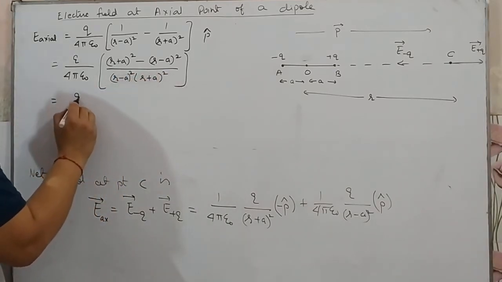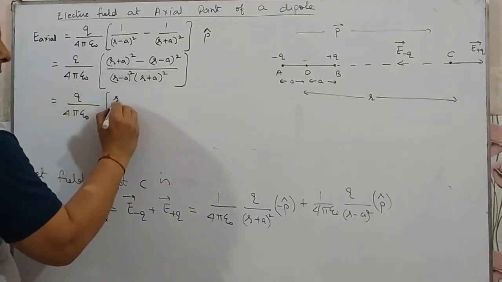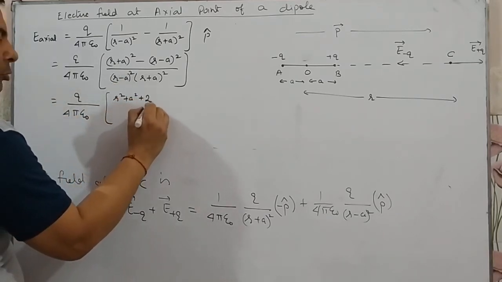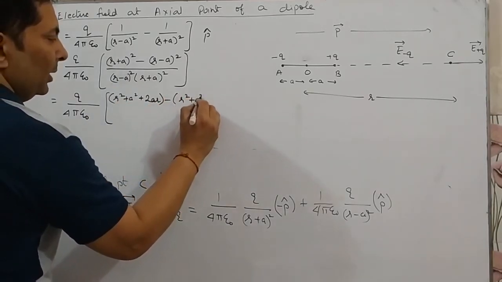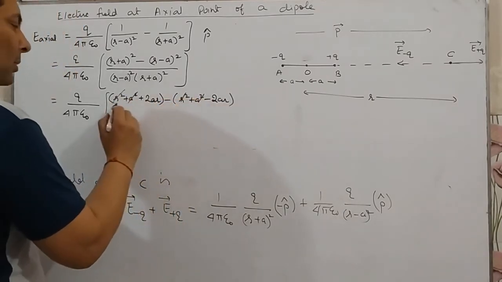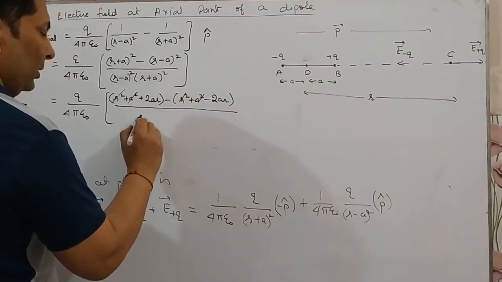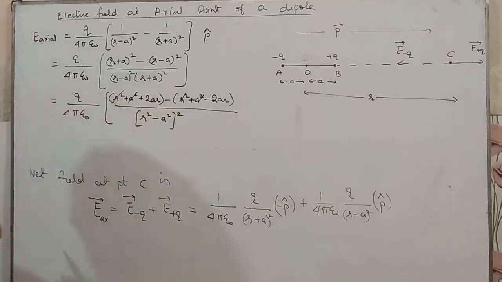The next is q upon 4 pi epsilon naught, and now this will be solved as r square plus a square plus 2ar minus r square minus a square plus 2ar. Wait: r square plus a square plus 2ar minus r square plus a square minus 2ar. Like terms will be cancelled, and in the denominator we have (r square minus a square) square.